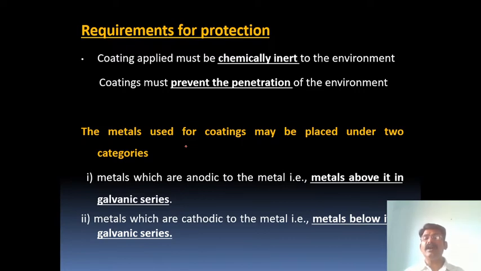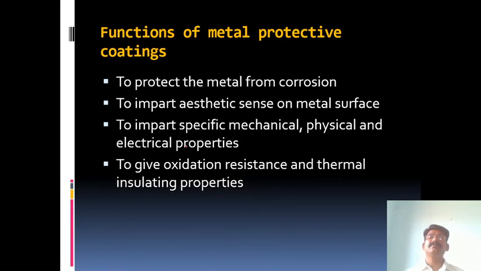The metals which are anodic are placed above in the galvanic series. The metals which are cathodic are the metals below it in the galvanic series. Those are the requirements for the protection.